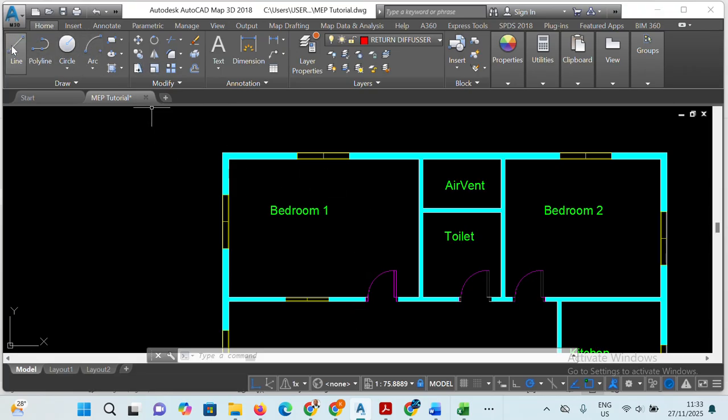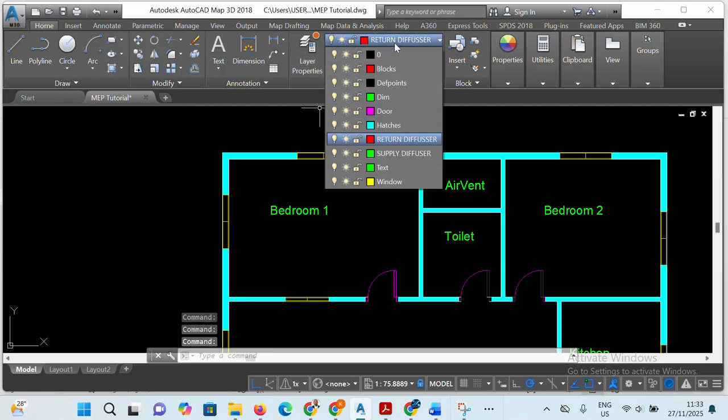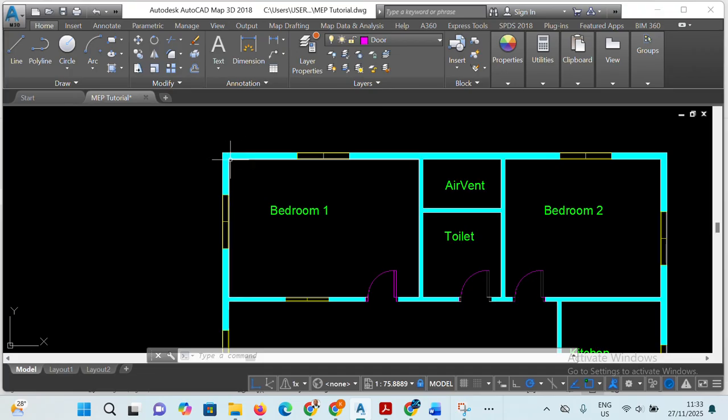We go to the line command, and we can change the layer, probably to door.